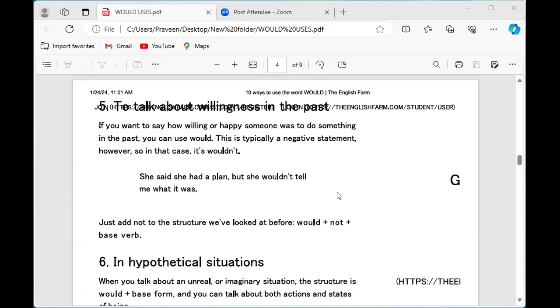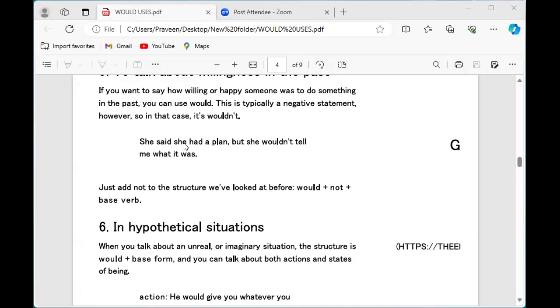To talk about willingness in the past, when someone is eager to do things, that time also we can use would. If you want to say how willing or happy someone was to do something in the past, you can use would. This is typically a negative statement, however, so in that case it's would not.